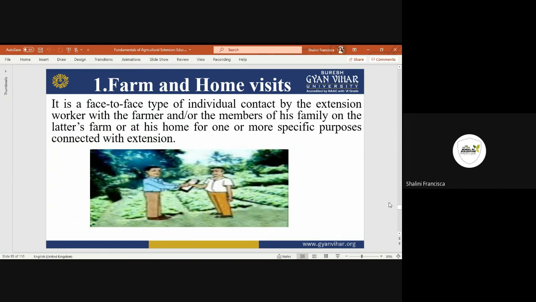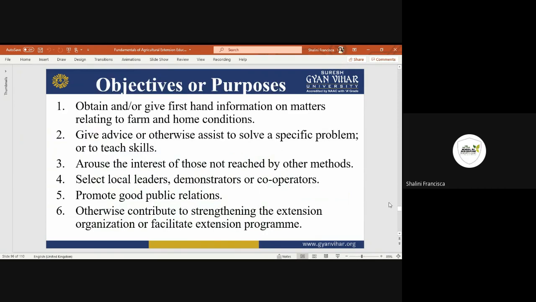So before starting any program, most extension workers go for a home visit or farm visit to understand how much their program is going to affect the people, and how much more effort they have to put in to make the situation better from the present situation.